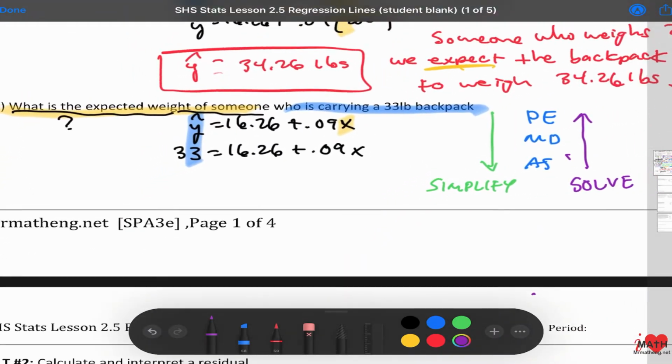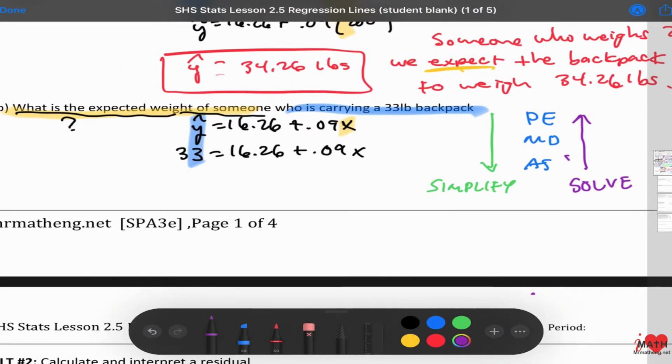What does that mean? We're solving right now, so I'm going to start with A and S. Addition, subtraction, that would be subtracting 16.26 from both sides. Again, I would assume you know that because this is your fourth year of math, but hey, I'm not going to leave it to chance.